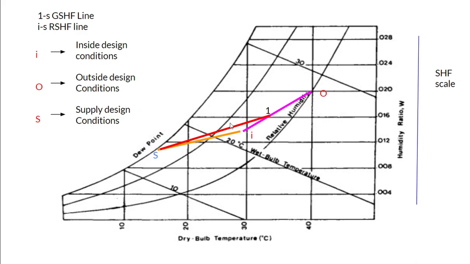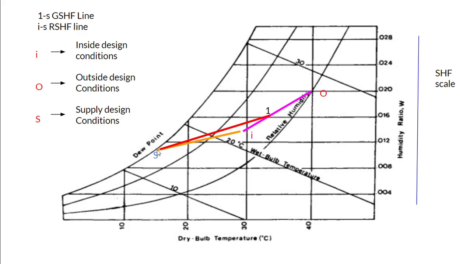The grand sensible heat factor line would intersect the saturation curve, and that is how you get what is called the dew point. So this apparatus dew point is obtained this way. Now what is this 1S? 1S is the grand sensible heat factor line. And what is this IS? IS is the room sensible heat factor line.